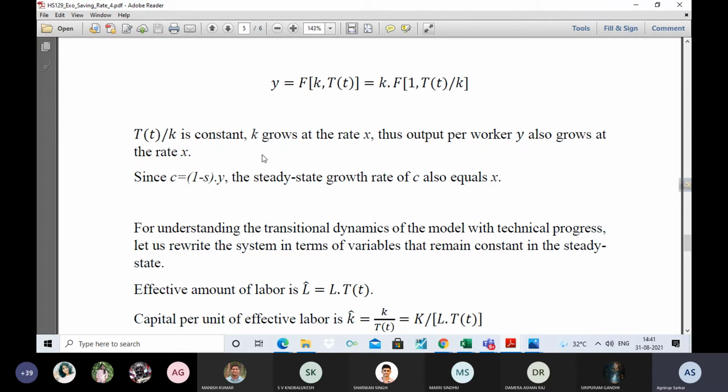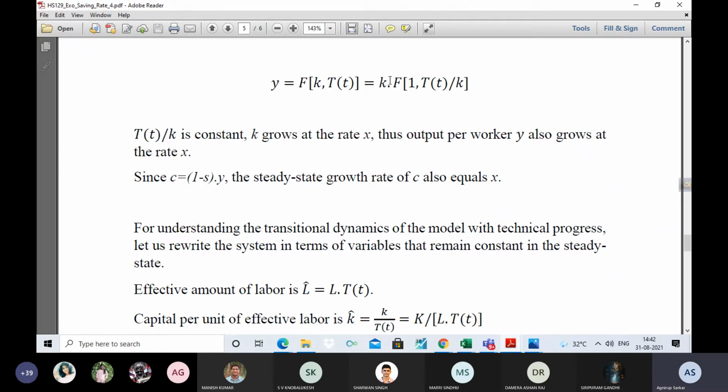Now, T by k, why are we interested to express the production function like this? Because this ratio is a constant, right? So k grows at the rate x, thus output per worker y should also grow at the rate x, right? So this is the idea.